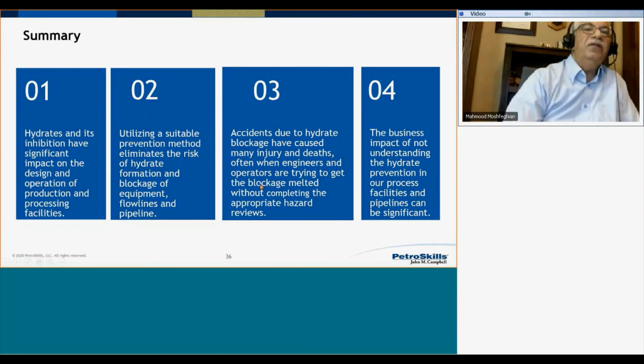Once that side started melting, pressure built up, and with low pressure on the other side, the high pressure started moving the hydrate plug. Then you had a rocket in the pipeline, and it tore apart the pipeline because of the movement of a heavy plug with the force of the high pressure from one side.